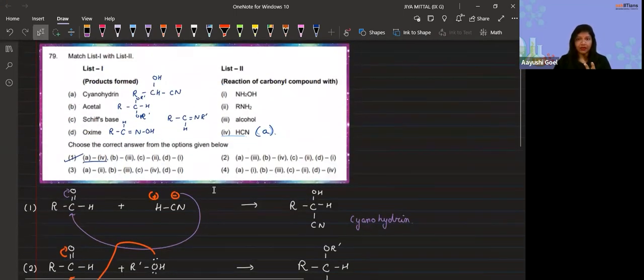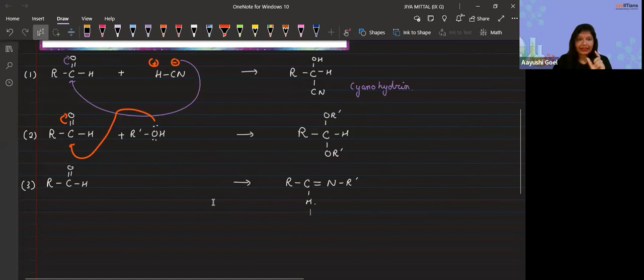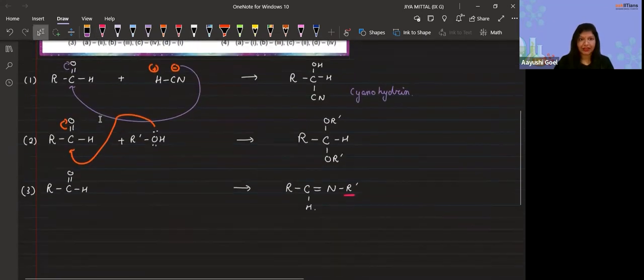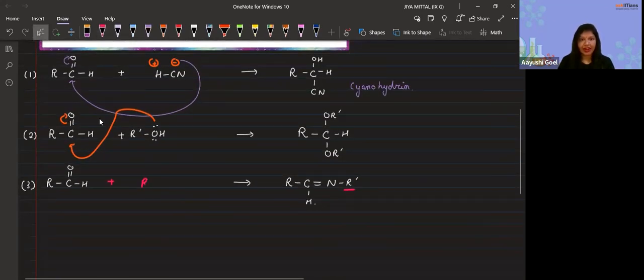There are two things here: I can take the NH2OH group, and second, the RNH2 group. In the case of Schiff base, we have an R group attached here, so we require the primary amine.